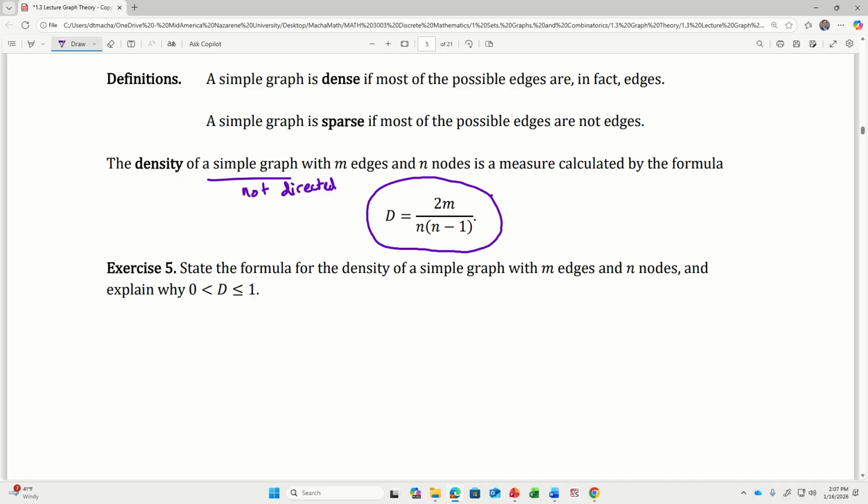Exercise 5 says, explain why the density has to be greater than 0 and less than or equal to 1. So D is greater than 0 because there should be at least one edge.